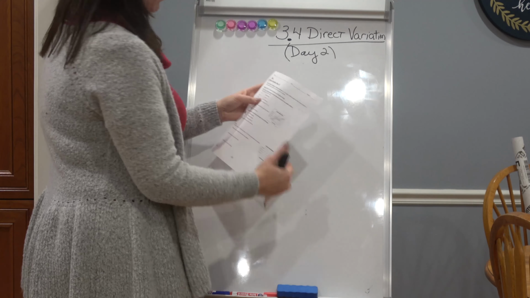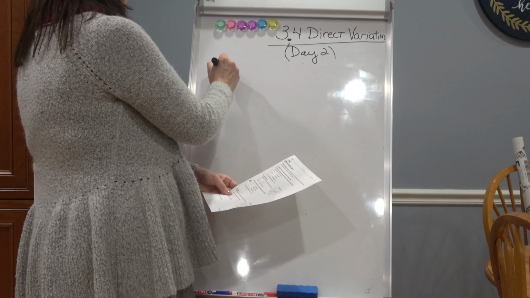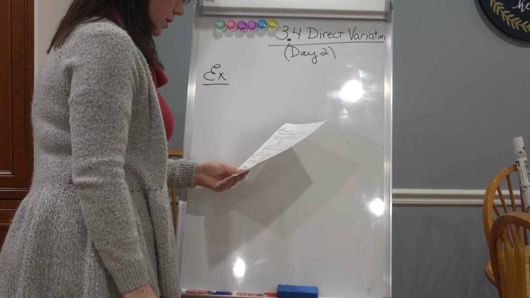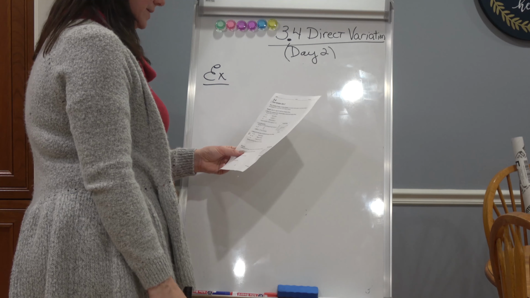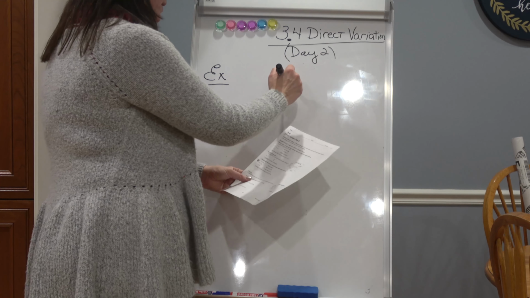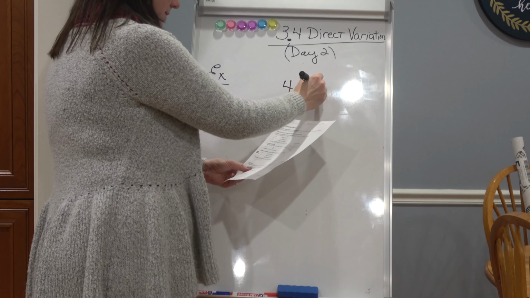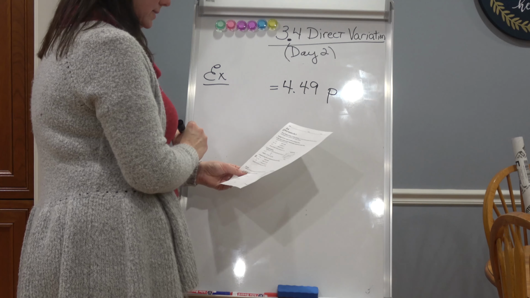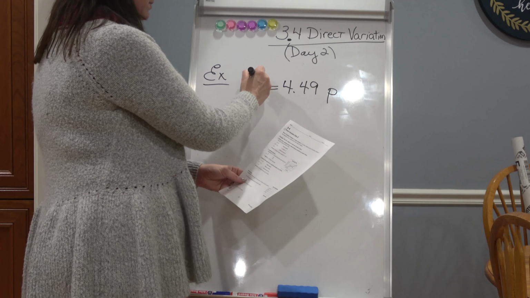Okay, so exercise number 1, retail. It says the total cost C of bulk jelly beans is $4.49 times the number of pounds P, and that is equal to our total cost.